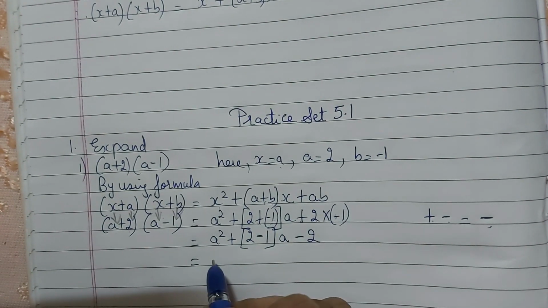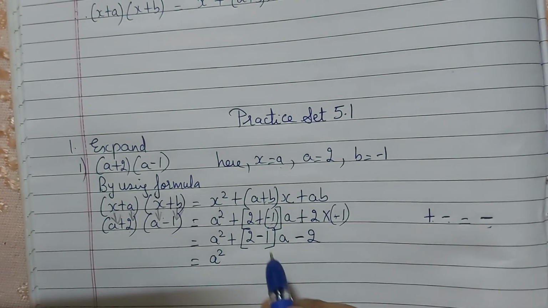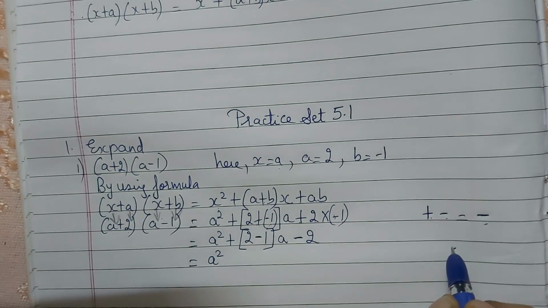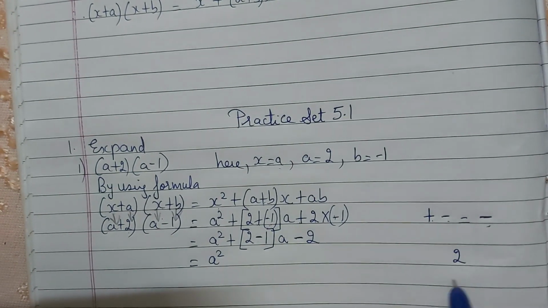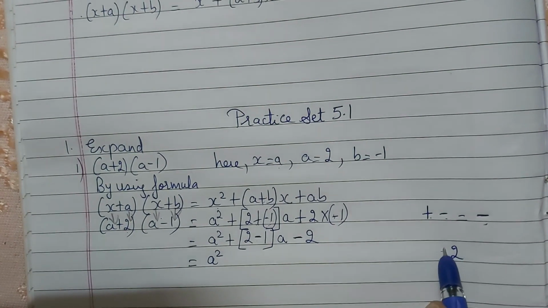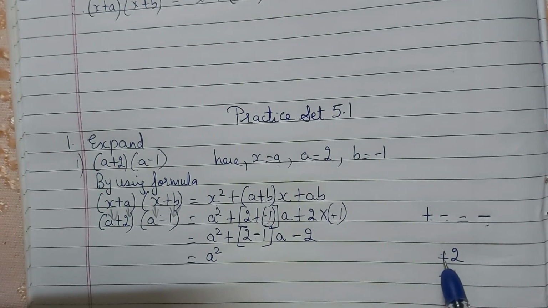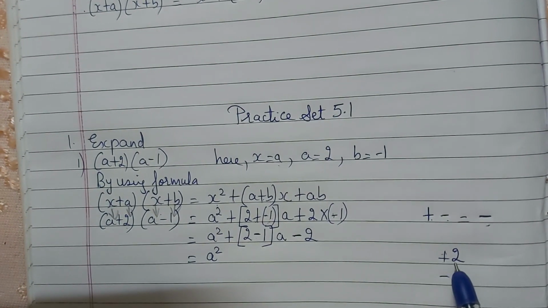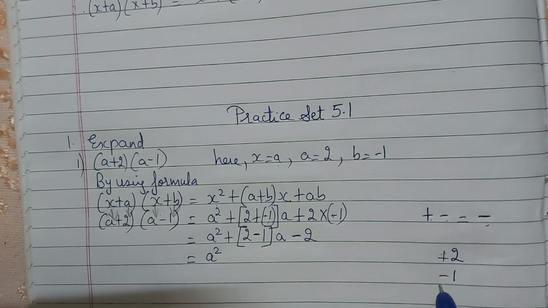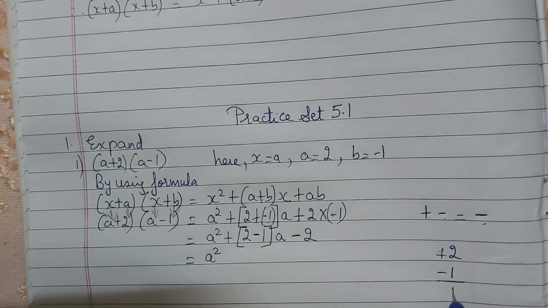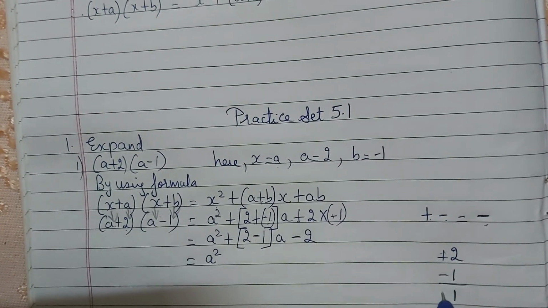Equal to a square. Now 2, okay, and minus 1. This is understood as plus. Okay, there is no sign means plus. Now plus 2 minus 1. So 2 minus 1 is 1. And the bigger sign is plus.